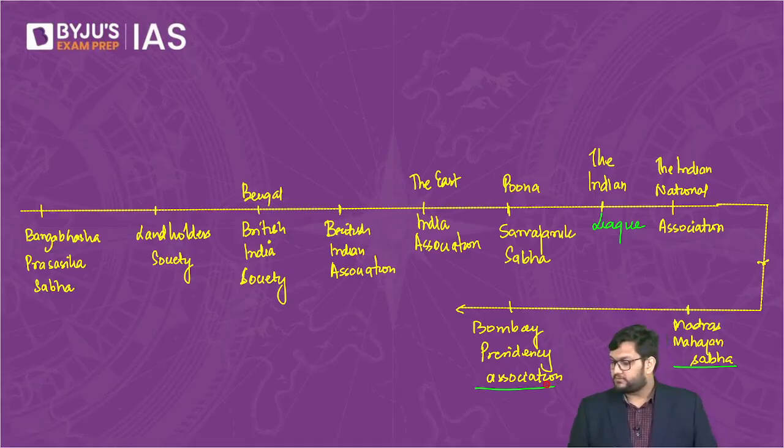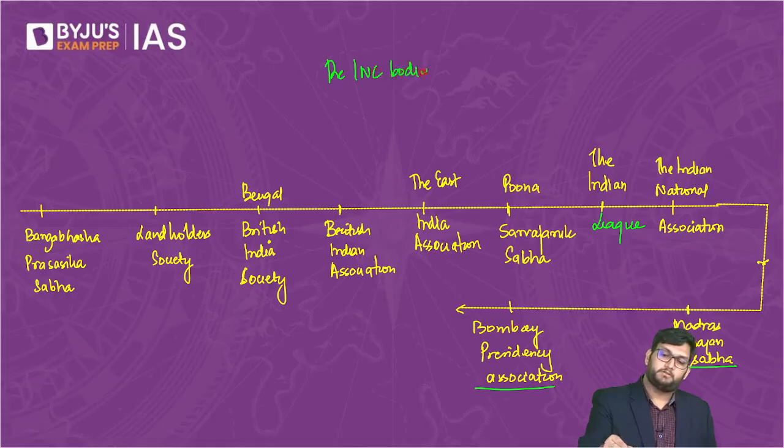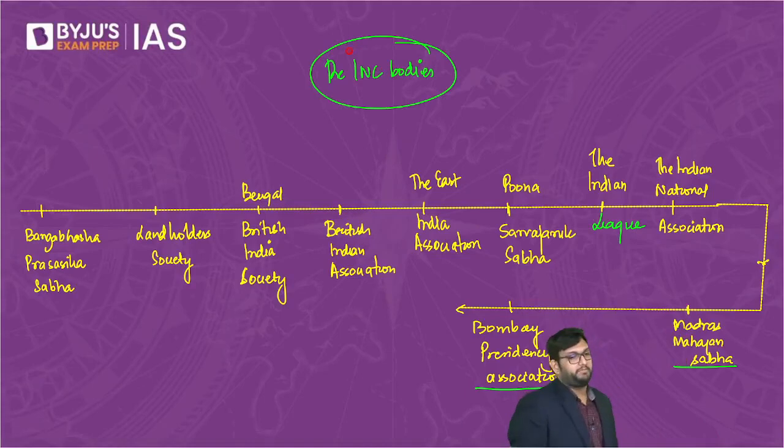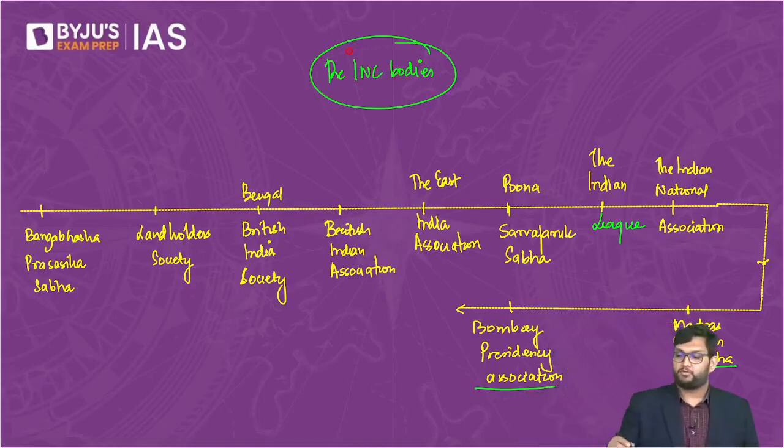This is the basic chronology, right? If you don't put in the dates, you just learn the sequence. That's it. These are all together called the pre-INC bodies. You can make an acronym, but I would say you should remember it like this.